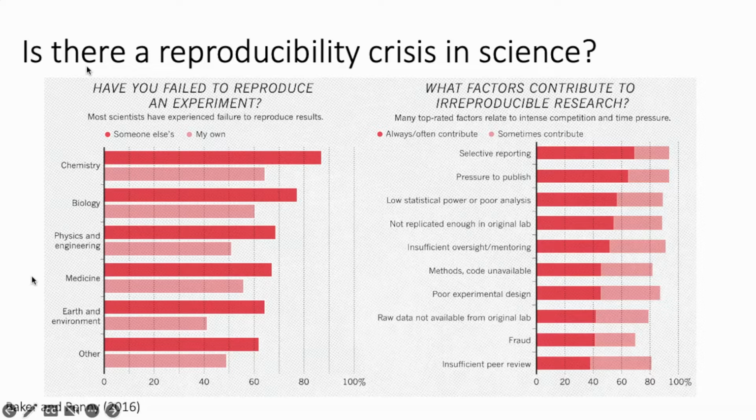This is the pink bar there. When we have worked in labs, this makes sense. You're doing your own experiment, so why can't you reproduce it? But there are so many biases and things that can come into play that then you cannot reproduce your own data. As you can see, this approaches in some cases more than 60% of people saying, I have failed at reproducing my own data sometimes.